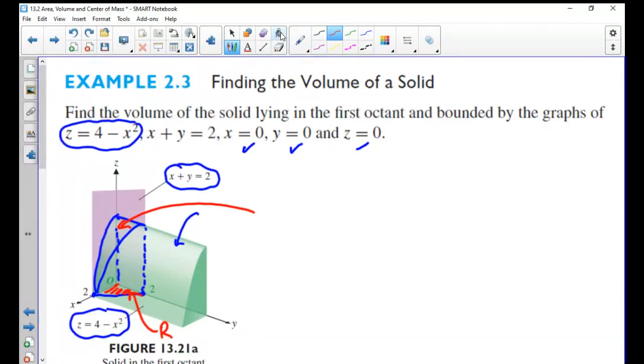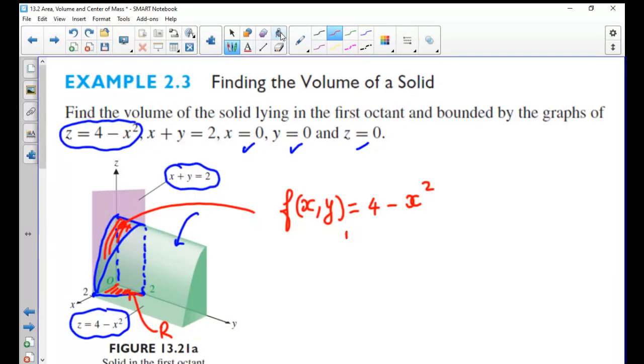Now, what is the cover this time? This cover that we mentioned. What equation will give us the cover? It's the green thing, yes? Yeah, it's the green one which is covering. So the green is given by z equal 4 minus x squared. So our function this time is really 4 minus x squared.